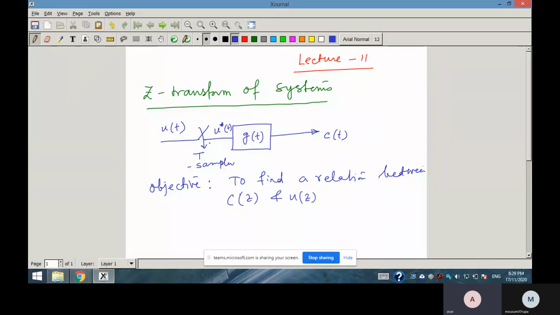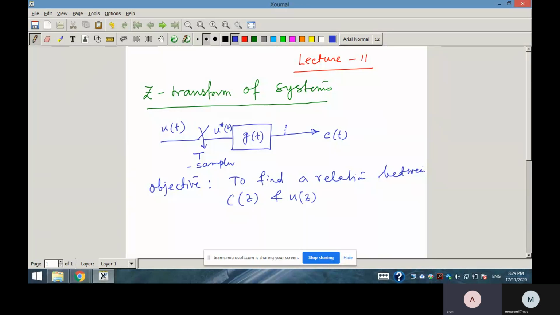From this figure you can see that the input is sampled but the output is not sampled. So the question may arise, how will you obtain C(z)? Because the Z transformation is applied to a sampled signal, and there is no sampling as such involved. Therefore, to obtain this relation, we will use some fictitious sampling.